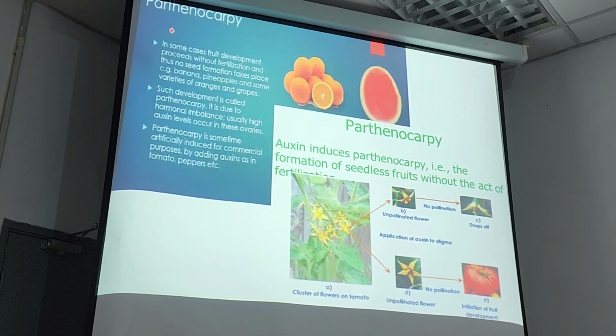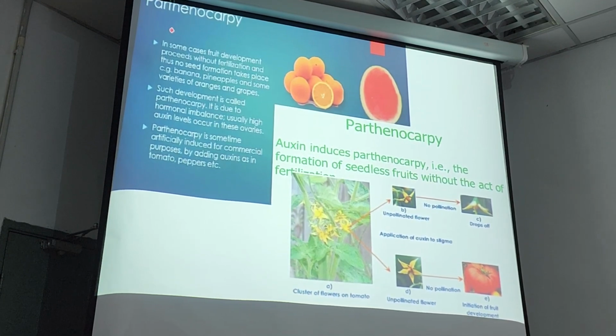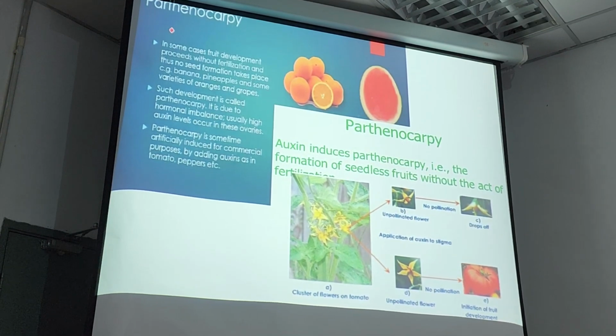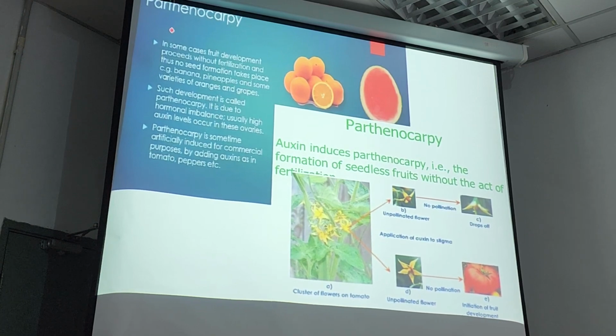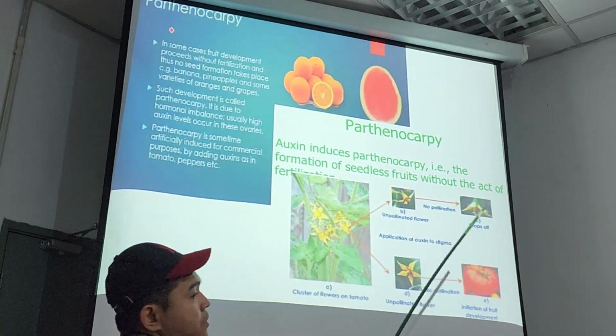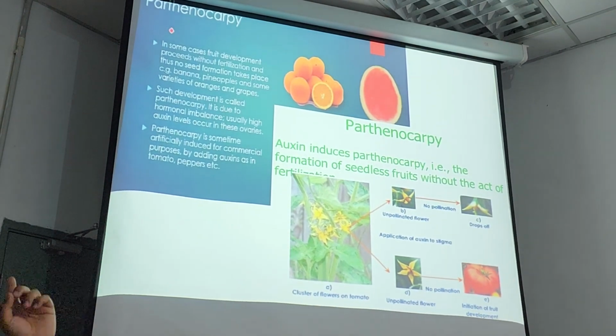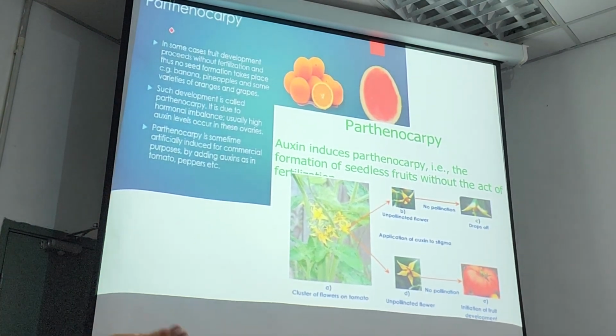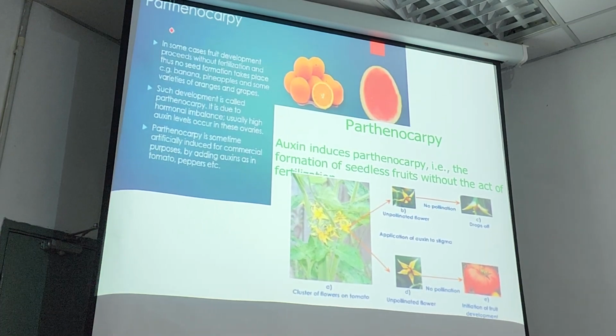And this ovary is actually responsive to auxin. When farmers spray this ovary with auxin, this ovary, even without fertilization, can continue to grow and become the regular fruit. However, this is going to be seedless because no fertilization took place.